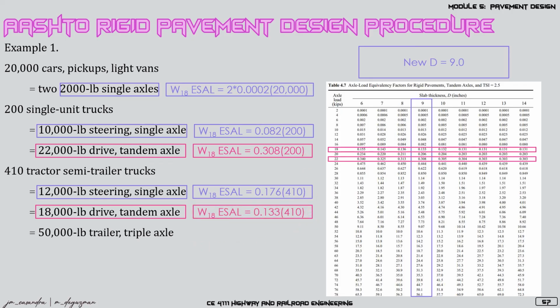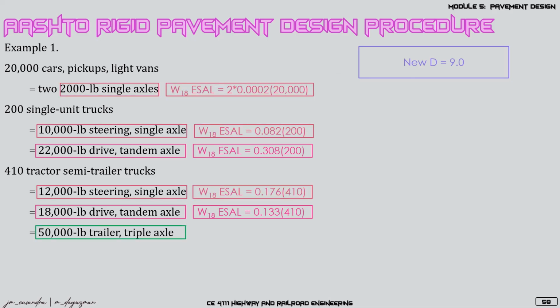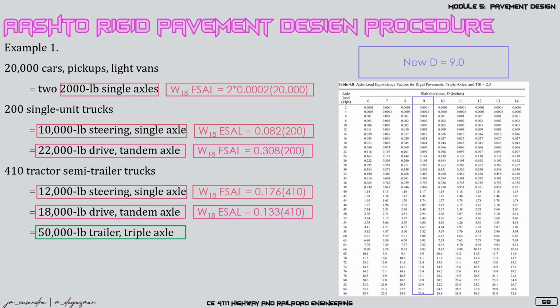And then lastly, we have our triple axle. So using 4.8, under 9 inches, we have 50 kips. We get 2.94. So again, multiply that by 410.